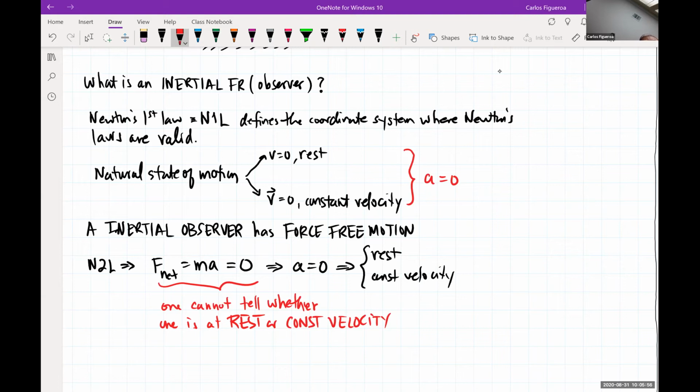So now we have an inertial frame of reference. That means if an observer is in a frame of reference that's at rest, and I have another inertial observer that's in a frame that's moving at constant velocity, then Newton's laws are applicable. And so any observer in those frames will be able to apply Newton's laws.